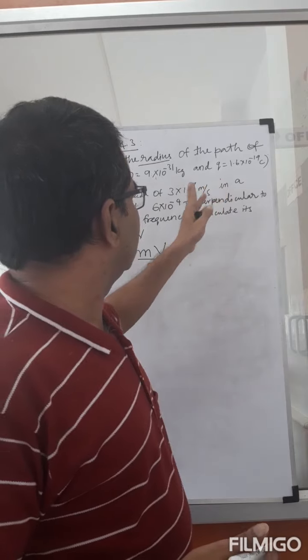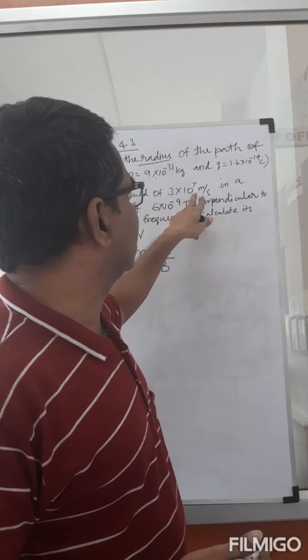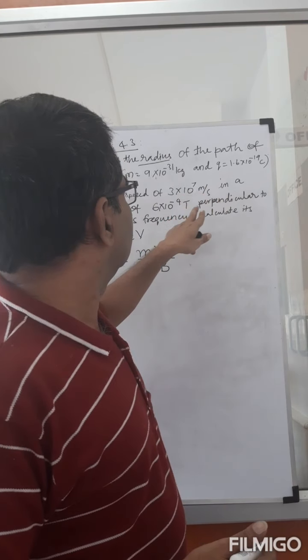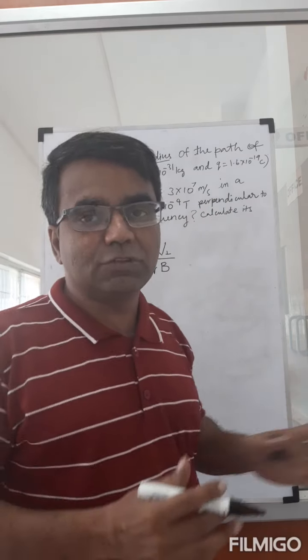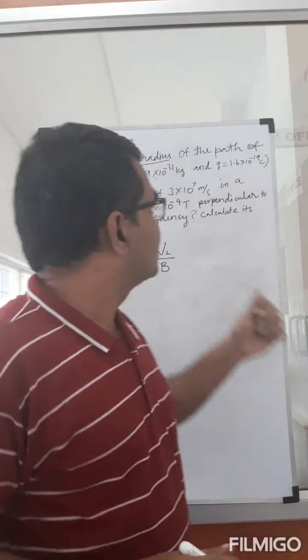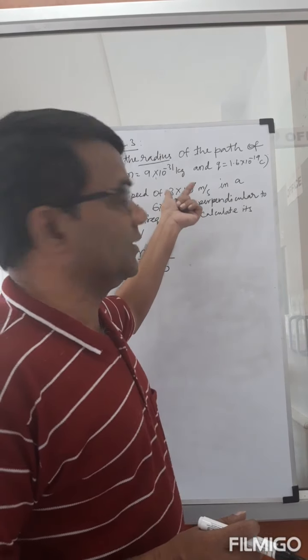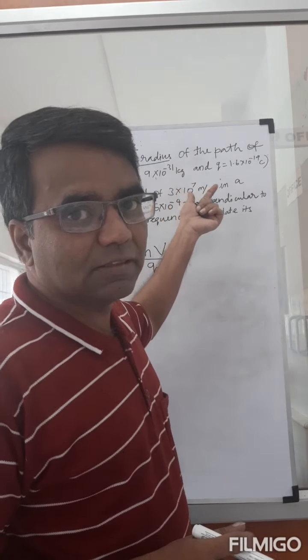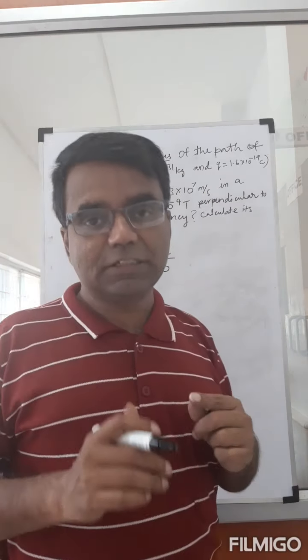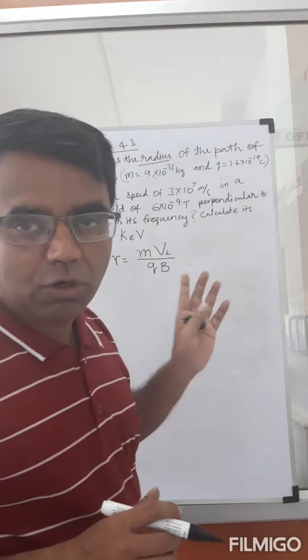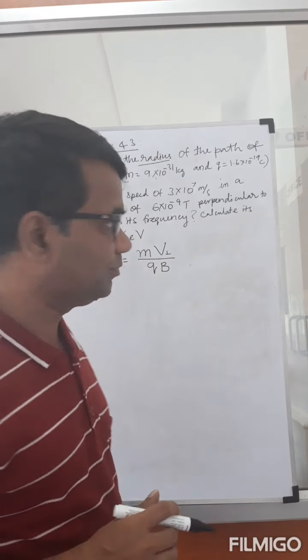The speed is 3 into 10 power 7 and it is perpendicular to the field anyway. So there is no parallel component. So all this speed would be the perpendicular component of the velocity.